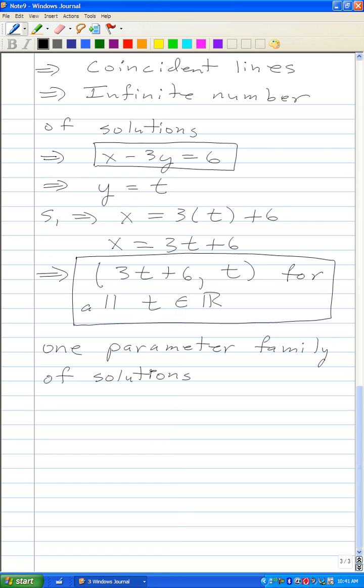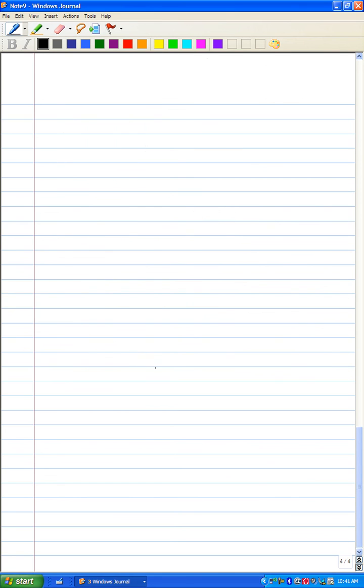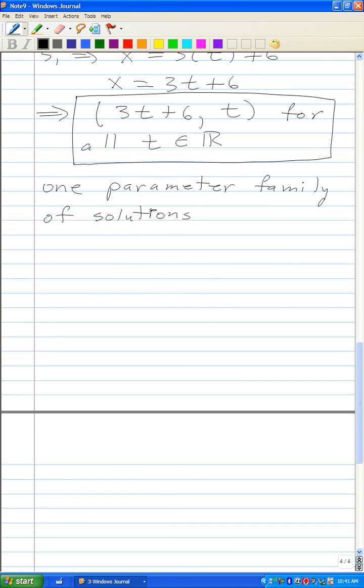Let me do problem number 54. In exercises 31 through 65, solve the system of equations using the substitution method. Using the solution, identify whether the graph of the system consists of intersecting, parallel, or coincident lines.